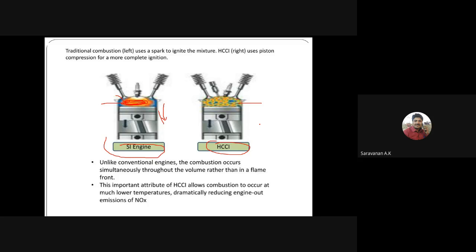The absence of rich fuel mixture regions in the combustion chamber considerably reduces the particulate matter emission, right? Therefore the absence of local high temperatures and rich air-fuel mixtures during the combustion process simultaneously reduces the NOx and particulate matter emissions, right?